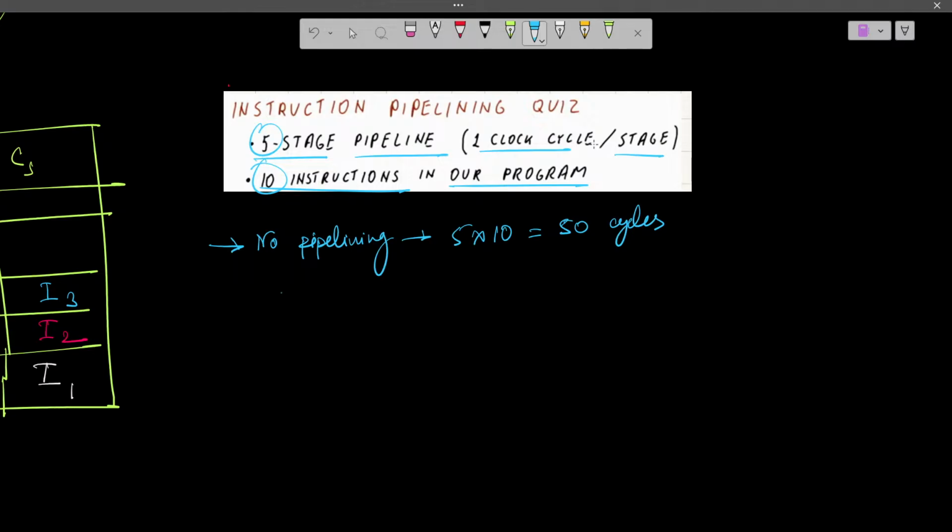And with pipelining, there would be 5 cycles for the first one, because the first one will go all the way as always, and the remaining 9 instructions will only take one clock cycle per stage.